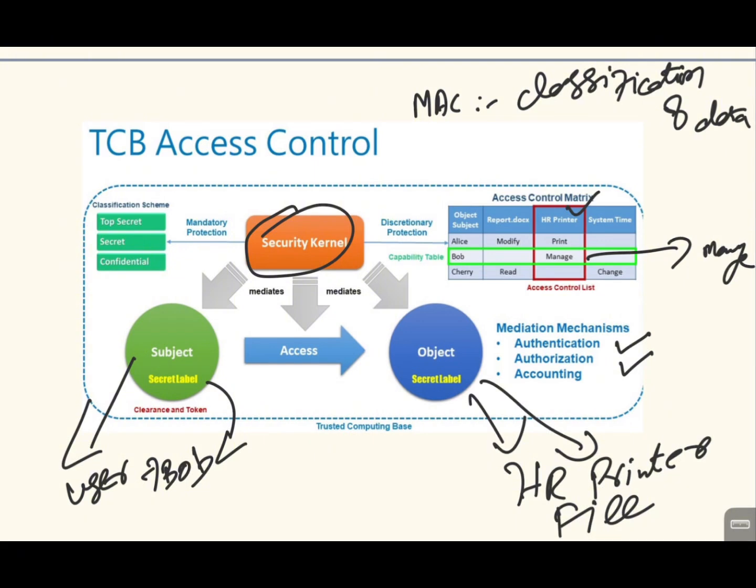Step 3, access granted and logging, accounting. That is also important. Bob is granted access to manage the HR printer. The accounting process logs all actions Bob performs while accessing this HR printer, right? For instance, modification, whatever it is, those activities will be logged and can be sent to the logging server, right?